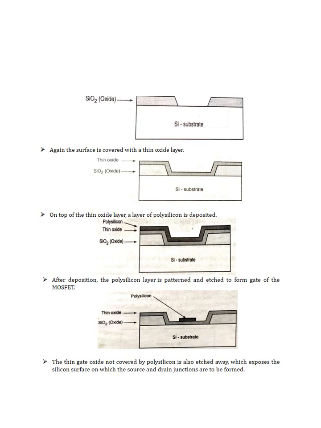So only the polysilicon part will be left here. You can see here the polysilicon, under which there is a thin oxide and then the substrate. So this has defined the gate region of the MOSFET. Now if we remove the oxide from the sides of the polysilicon and we dope the impurity into it, depending on the impurity, it can become N or P type.